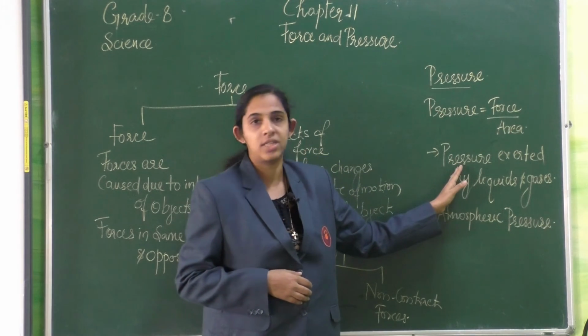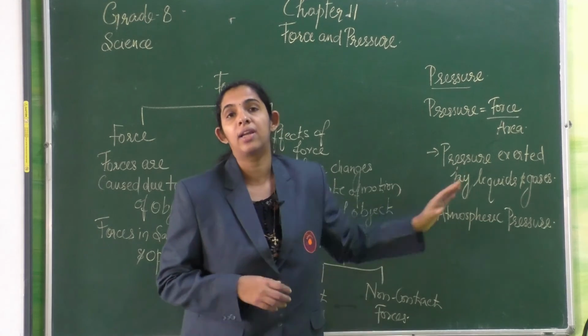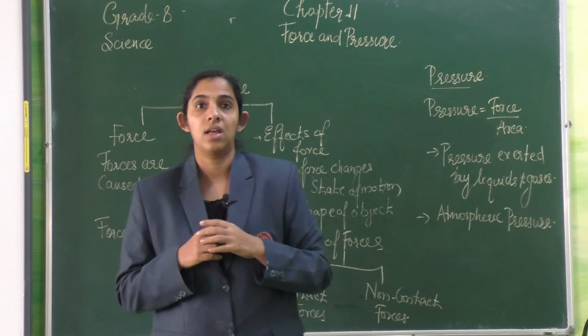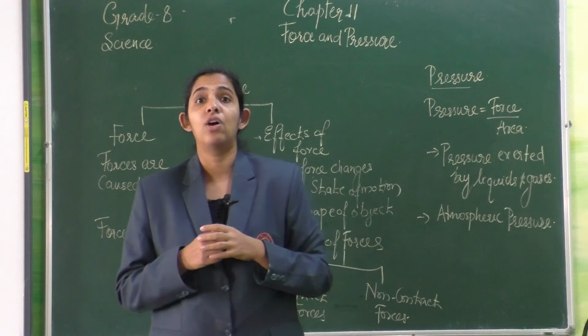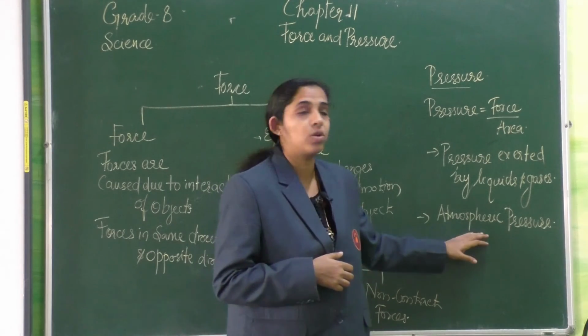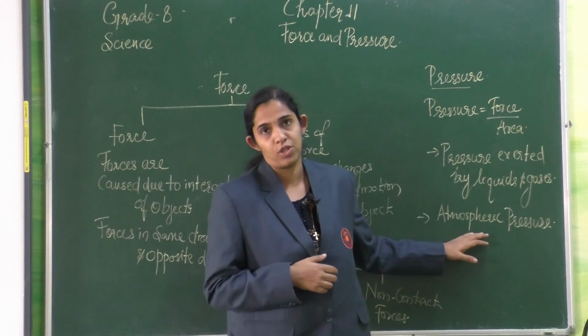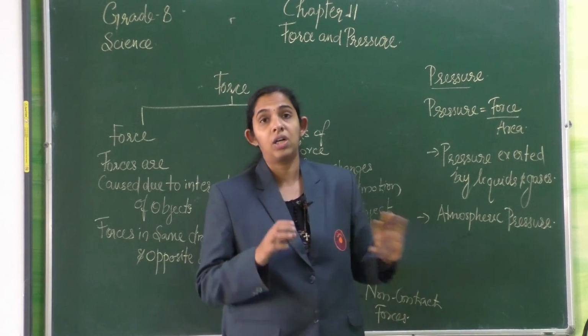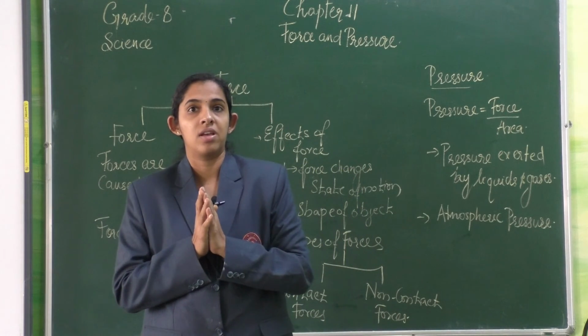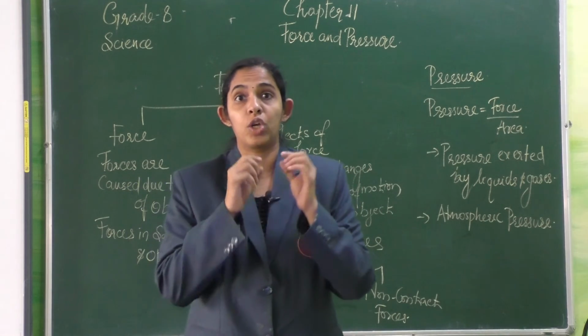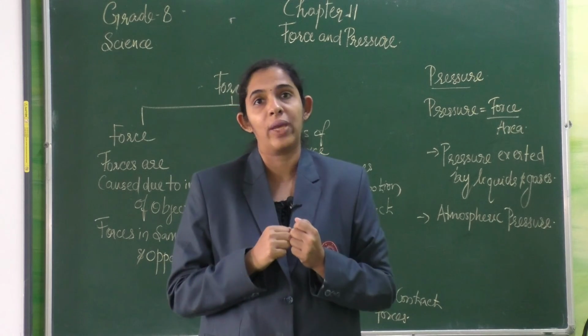We have also seen even liquids and gases can exert pressure on the walls of their container. We have also seen the concept of atmospheric pressure in the last section of our chapter. So our earth is surrounded by a gaseous envelope. This gaseous envelope occupies space and it has got a weight.